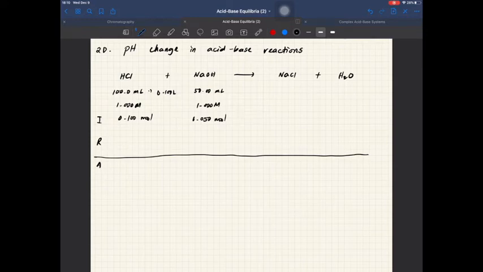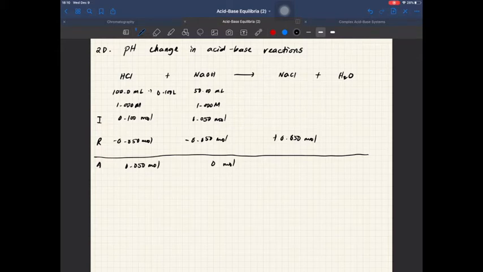During the reaction, we have minus 0.05 moles, minus 0.05 moles, and plus 0.05 moles of sodium chloride produced. After the reaction, you don't have moles of sodium hydroxide anymore, but we have 0.05 moles of hydrochloric acid remaining, and that is the excess reagent.